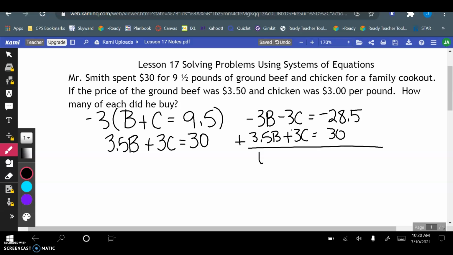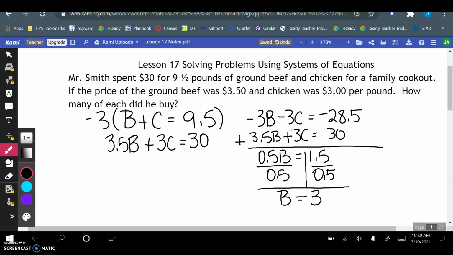So I'm going to have 0.5b left, and negative 28.5 and 30 make 1.5, and then I'm going to divide both sides by 0.5. So b equals 1.5 divided by 0.5 is 3. So there's 3 pounds of beef.